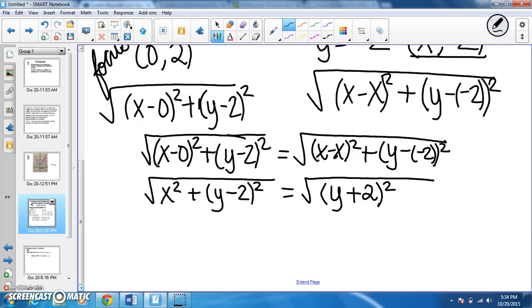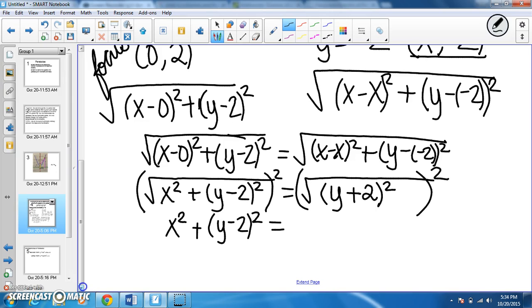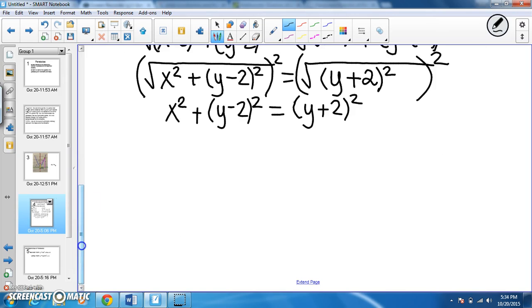In order to get rid of our square root, we're going to square both sides. When we square a square root, we're going to be left with what's on the inside of our square root, so we're left with x squared plus (y minus 2) squared is equal to (y plus 2) squared. We need to FOIL these. So this is the same thing as (y minus 2) times (y minus 2).